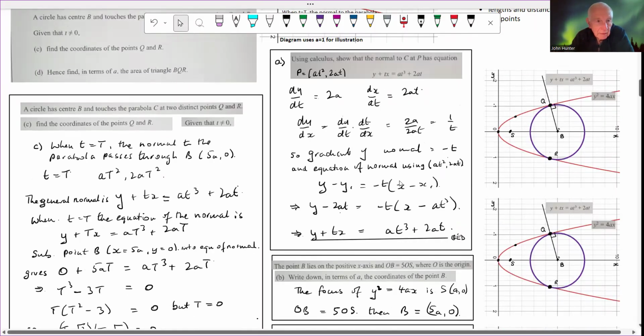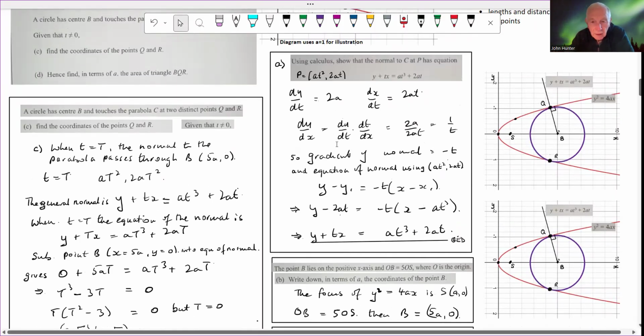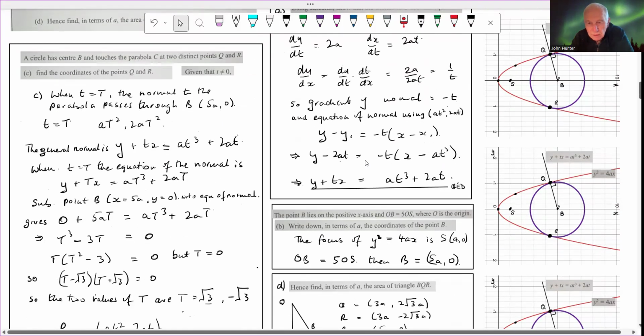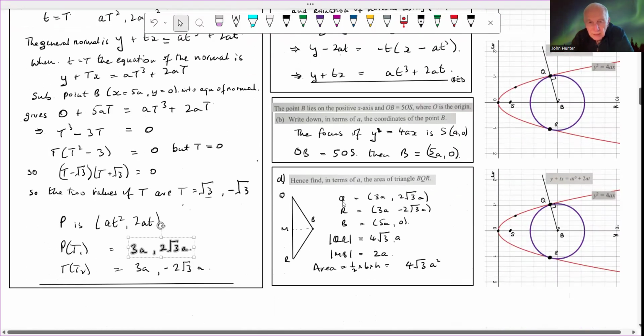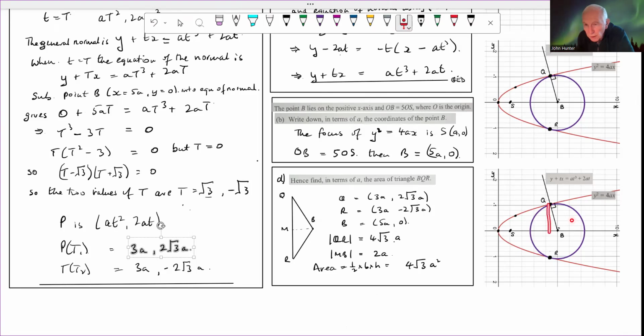And then finally part D, relatively straightforward, I think: hence find in terms of a the area of triangle BQR. Well, of course, what we've got is this triangle here. And we know this distance now, so we know the two y coordinates.